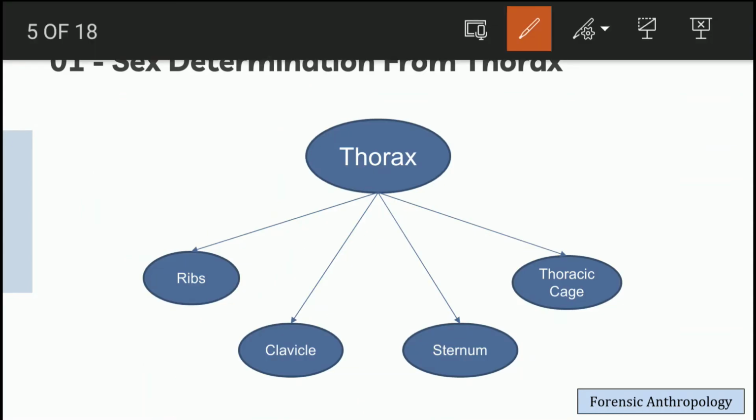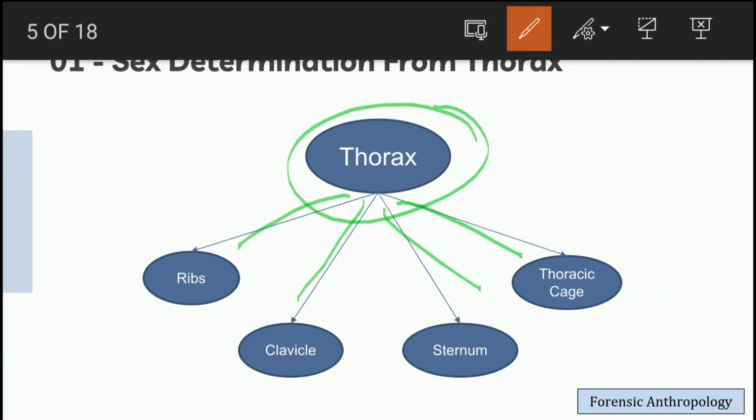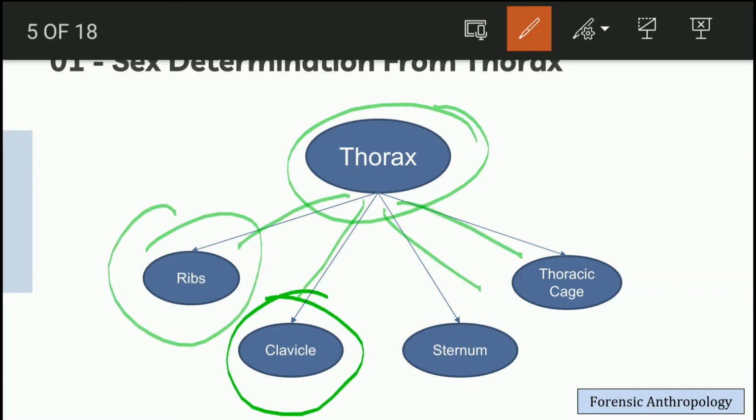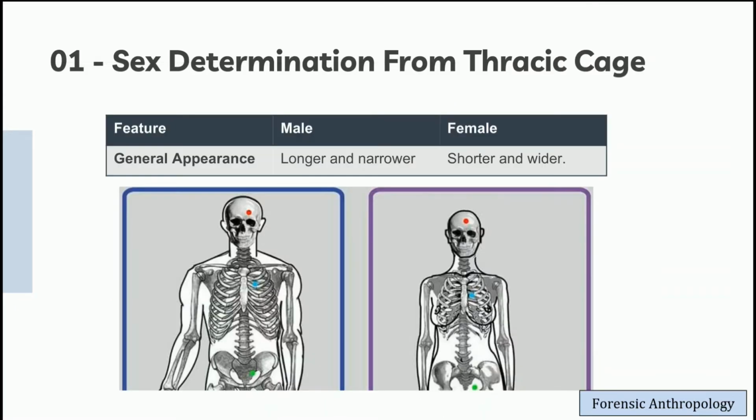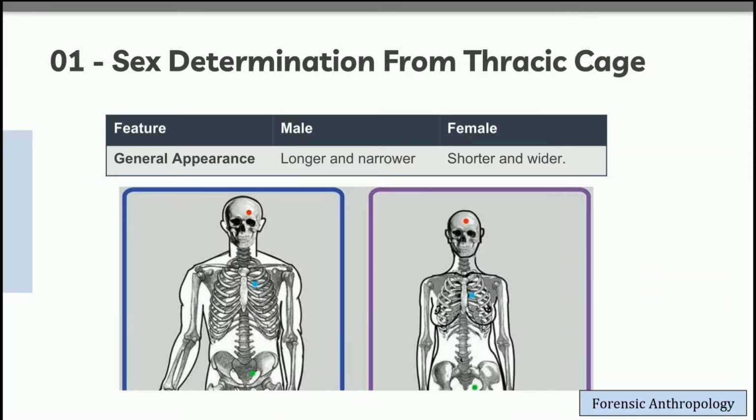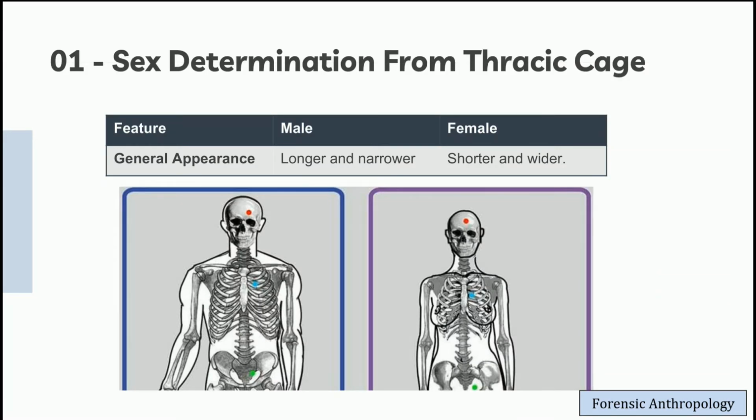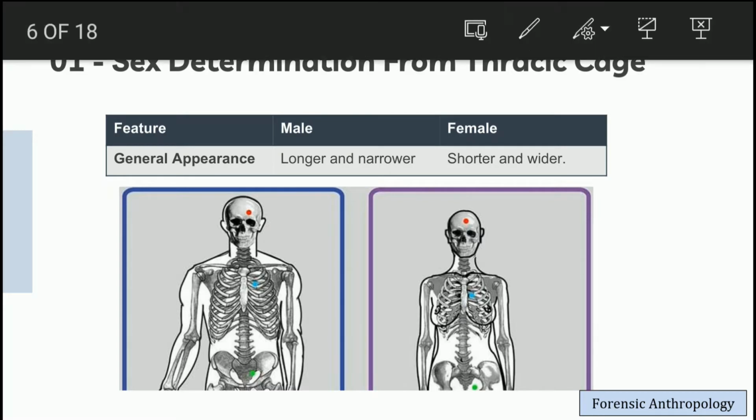Again, the thorax includes four parts: the ribs, clavicle or collarbones, sternum and the thoracic cage. The first point is sex determination from the thoracic cage.